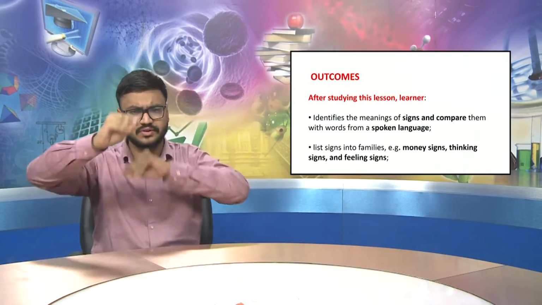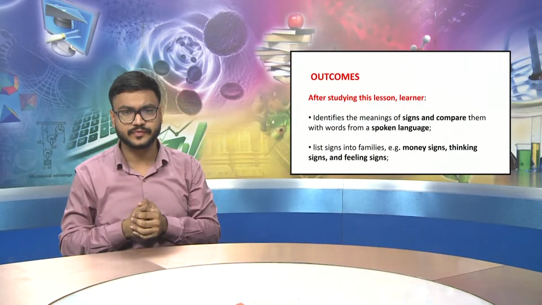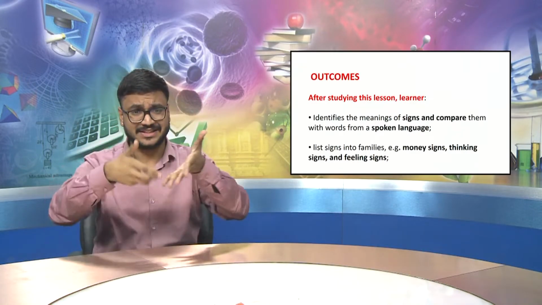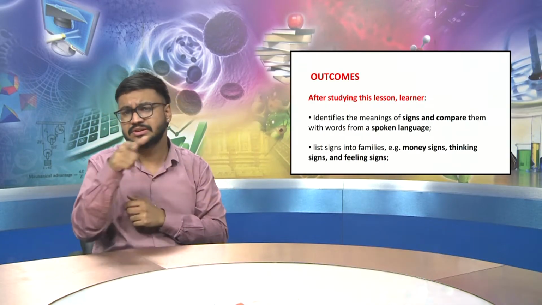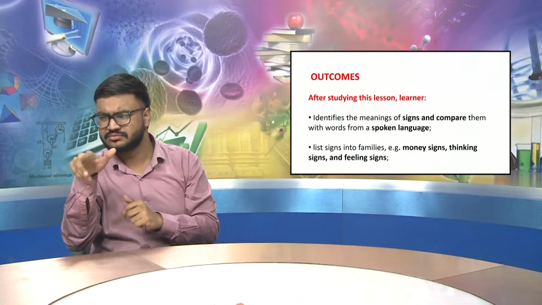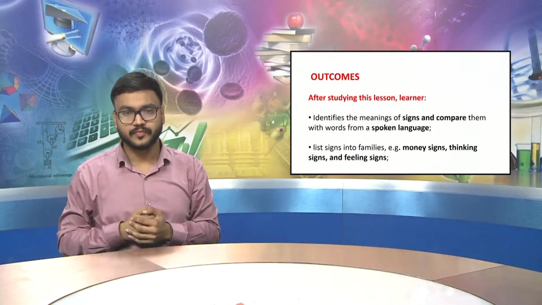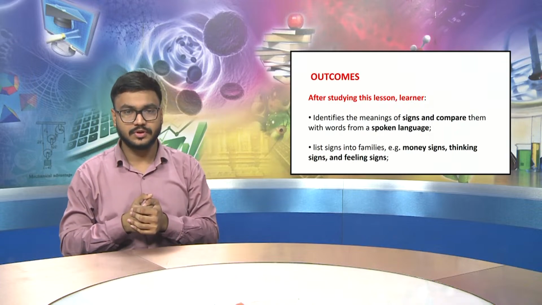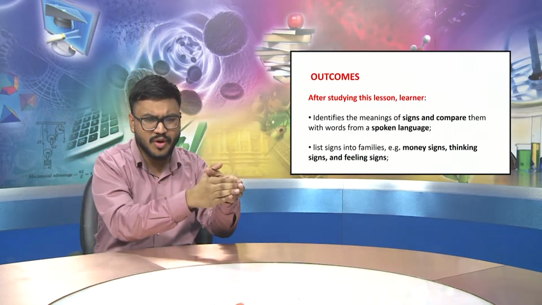Outcomes. After studying this lesson, learners will get to learn about various points. They can identify the meaning of signs and compare them with words from a spoken language. They can list signs into families.